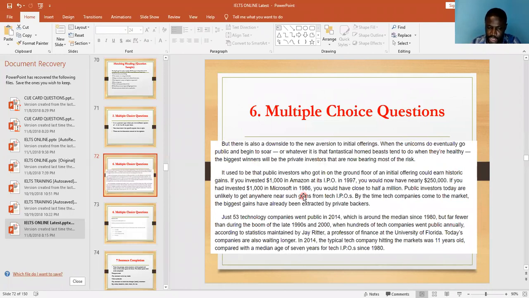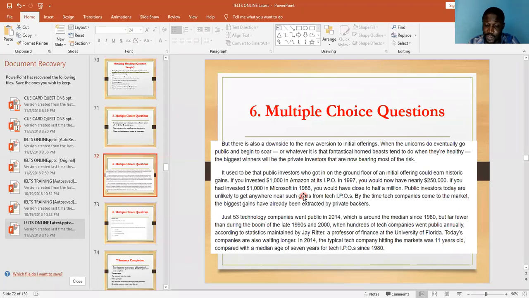If I read now: it used to be that public investors who got in on the ground floor of an initial offering could earn historic gains. If you invested $1,000 in Amazon at IPO in 1997, you would now have nearly $250,000.